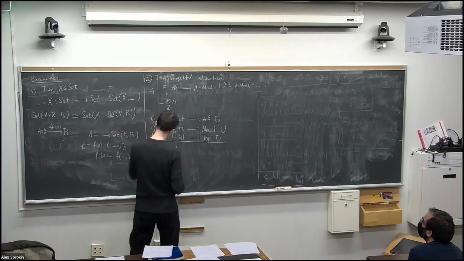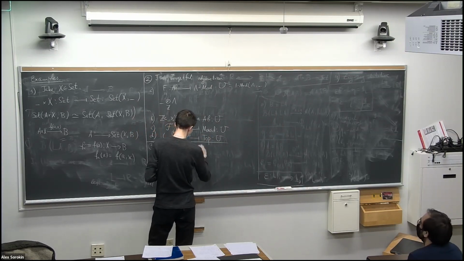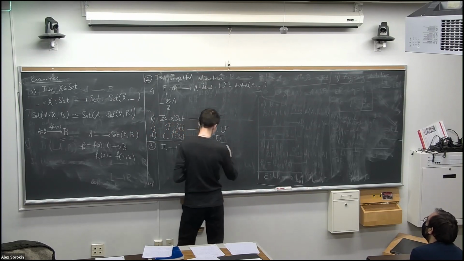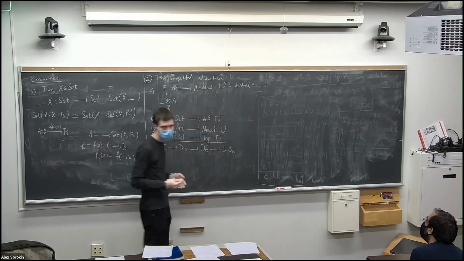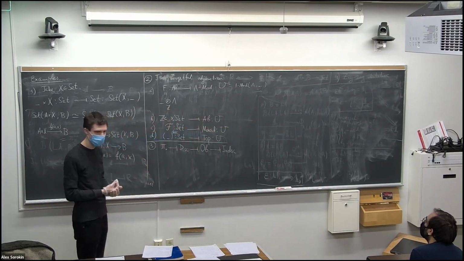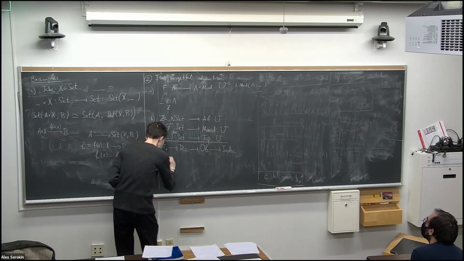So pi zero is adjoint to discrete, which is adjoint to objects, which is adjoint to indiscrete. Where does this functor go? So pi zero goes from here to there.